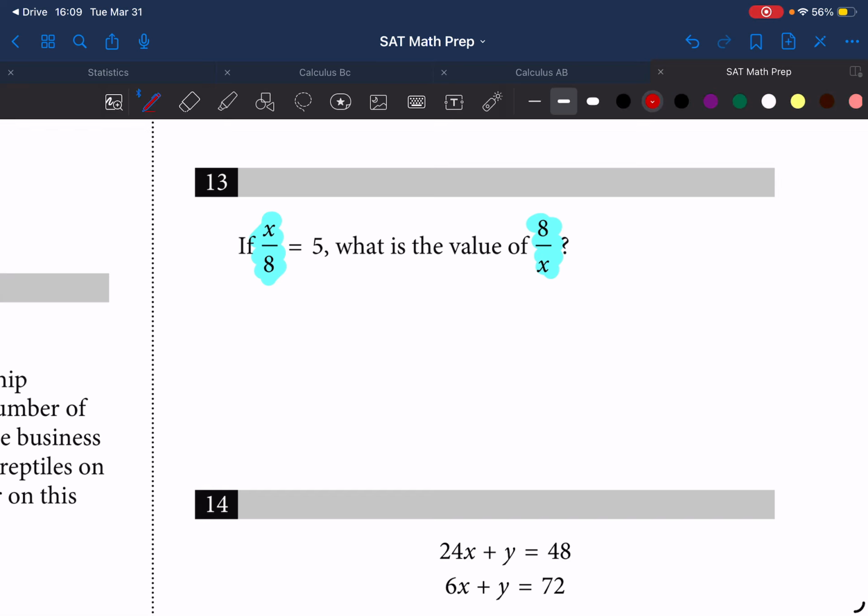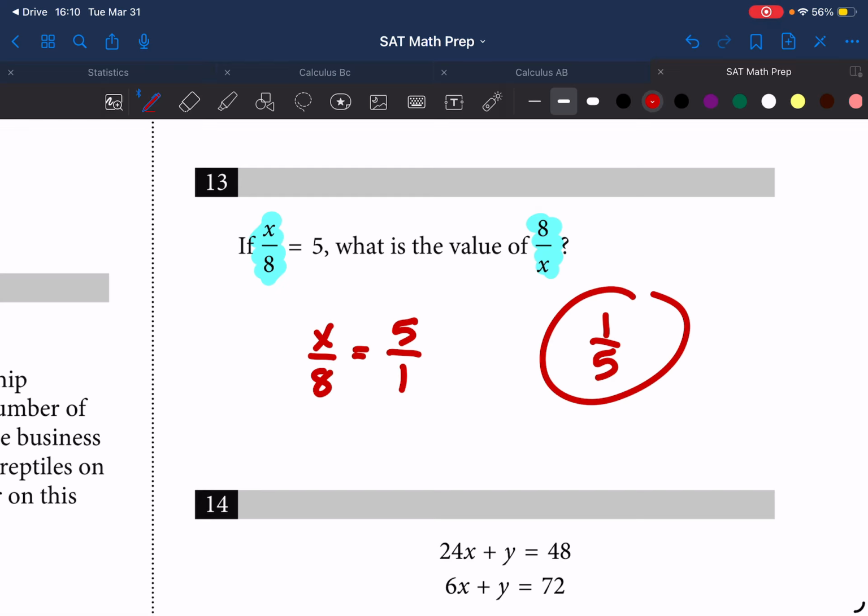So technically, I can rewrite 5 as a fraction. I can say that x over 8 is equal to 5 over 1. I didn't change anything, I just converted it to a fraction. So if I flip x over 8 to become 8 over x, that means I can flip 5 over 1 to become 1 over 5. That would be the answer.